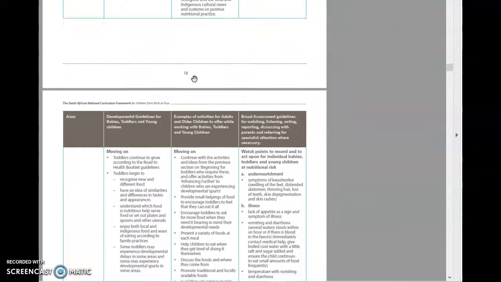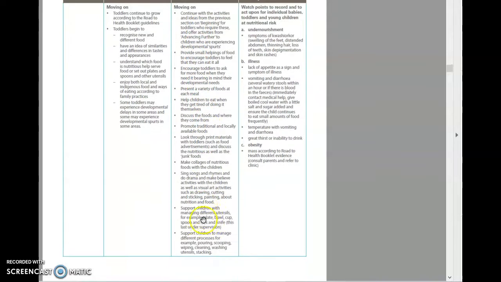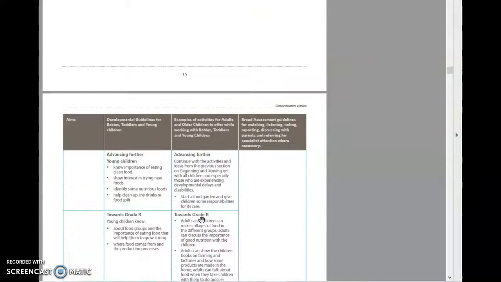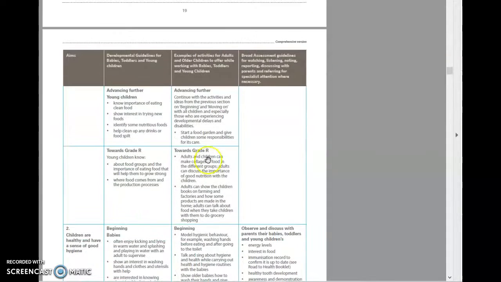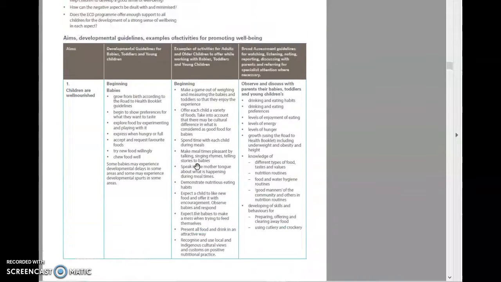If we go on to the next page, it is the moving ons. Those are the toddlers. These are example activities for the toddlers. If I page even further, advancing further, those will be example activities for young children. And then towards grade R, those will be for 5 and 6 year olds. So going back, let's just look at this again.